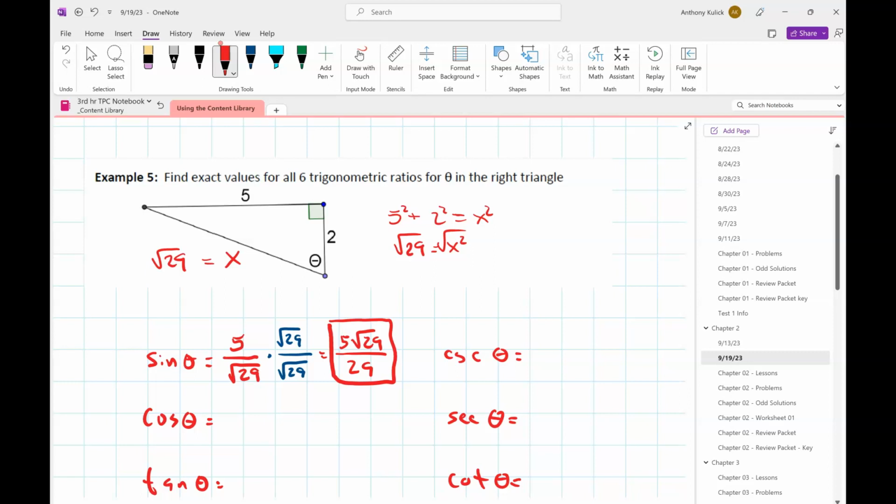Now, we should be able to do cosecant really easy, right? Because cosecant's just the reciprocal of sine. Everybody agree? So what else should I write here for cosecant? Yeah, very good.